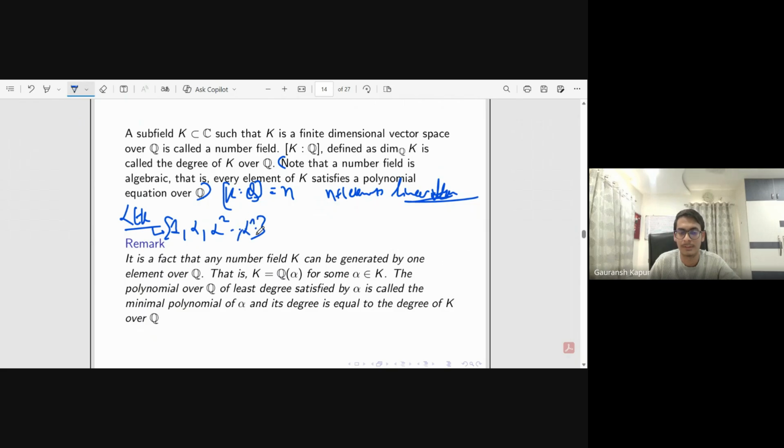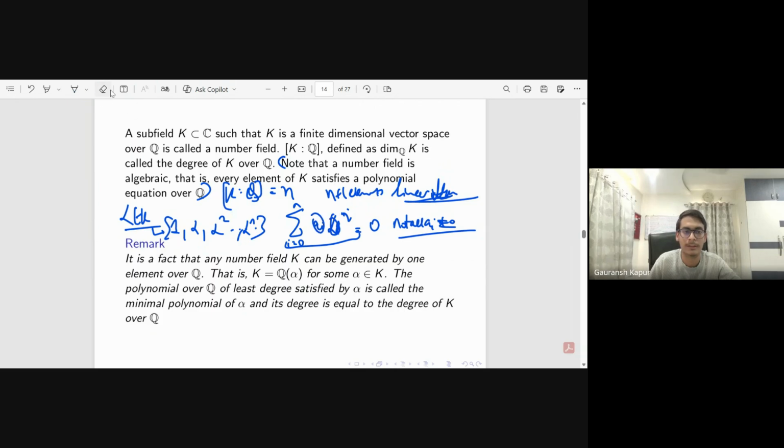This has n plus 1 elements, so it has to be linearly dependent. That means that there are constants a_i such that the summation of a_i alpha to the power i, for i equals 0 to n, is equal to 0, with not all a_i equal to 0. So this is the polynomial which alpha will satisfy over Q. So every element of a number field is in fact algebraic.